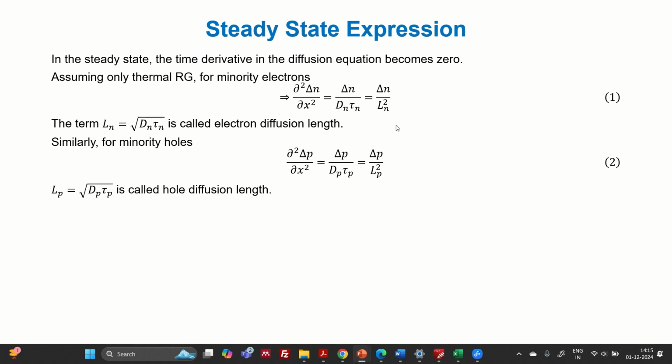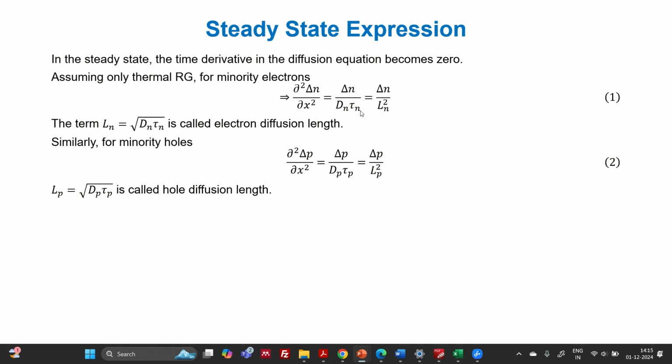That type of equation we have already solved so many times. In this case, that multiplication factor, which used to be k square, is 1 by Ln square.